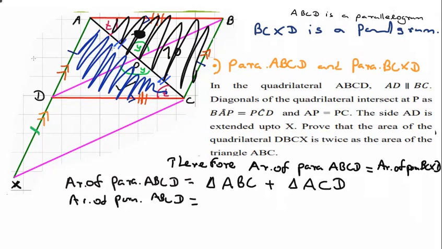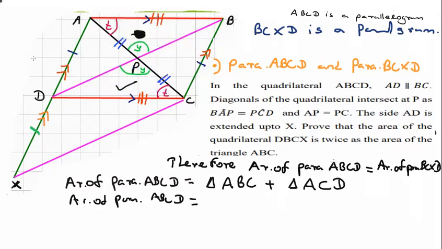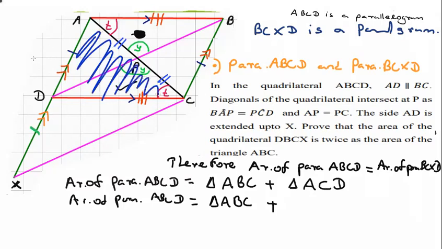Got it? So what can we say then? Area of parallelogram ABCD is equal to what? Area of triangle ABC plus, we can replace ACD with something equal to it. What is ACD's area equal to? This blue triangle's area is equal to the triangle on the other side of the diagonal, triangle ABC.